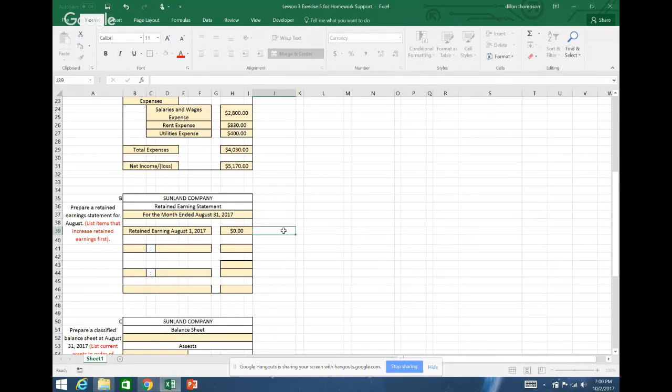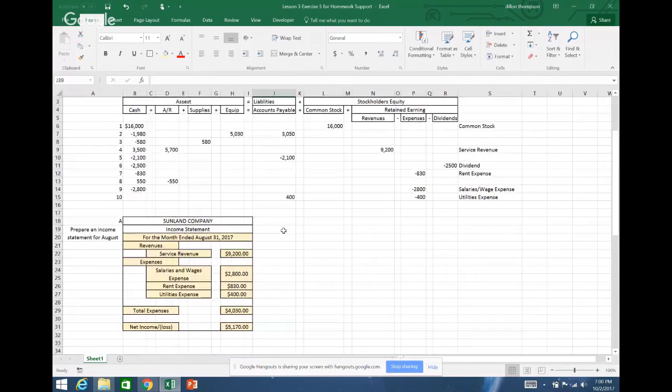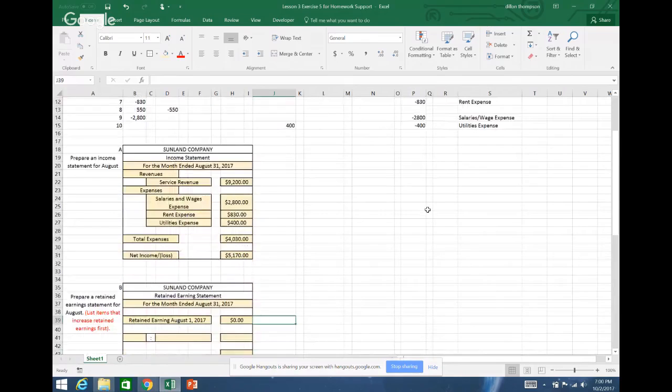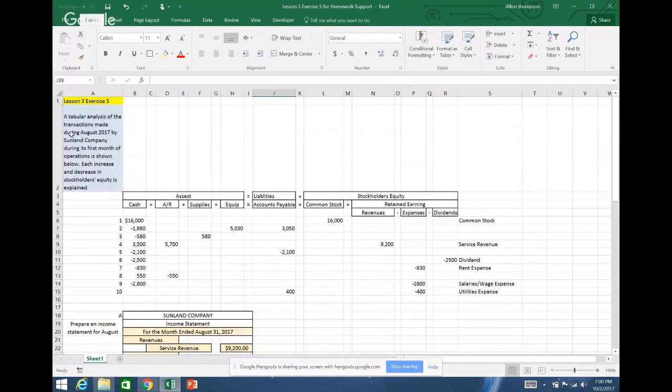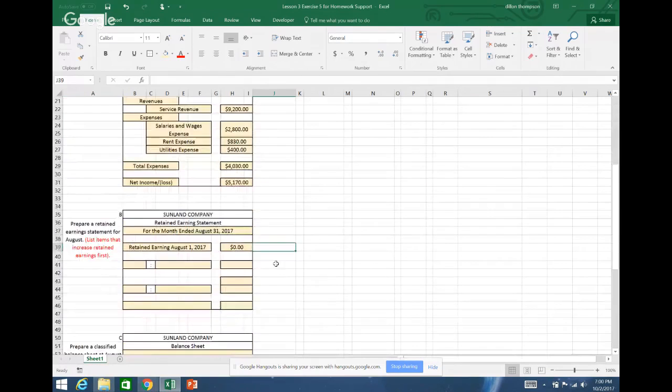And the reason being is because when you come up here on the retained earnings, with it starting during the month of August, we didn't have any to start with. Also, it says that during its first month of operations, so we know that they don't have any retained earnings in the first month to begin with, and so we'll solve for their ending.